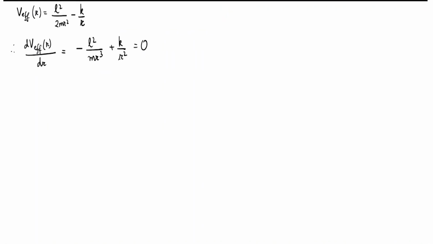So you can have only one value of r: r equals L square by mk. So this is R0. For a stable circular orbit you can have R equal to R0, which is L square by mk. But here, things are rather different.